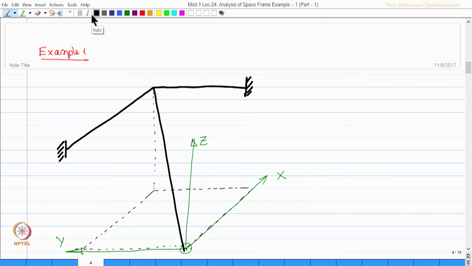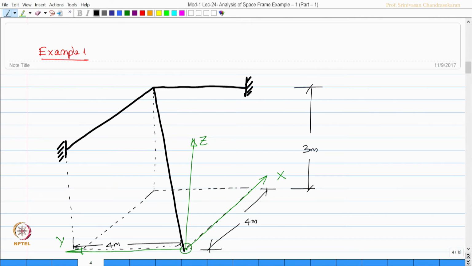Let us now mark the dimensions. Let us say this dimension is 4 meters, this dimension is also 4 meters, and the height is 3 meters.